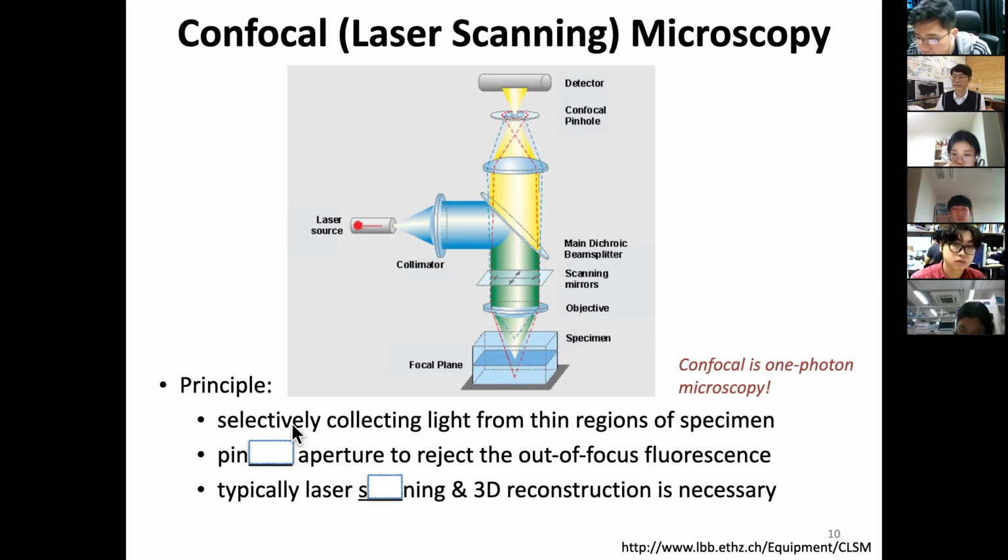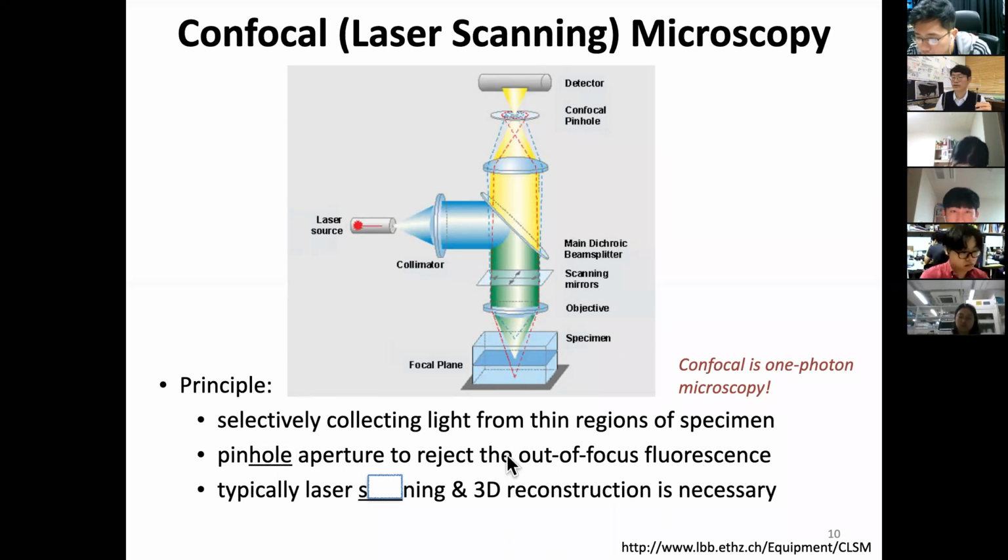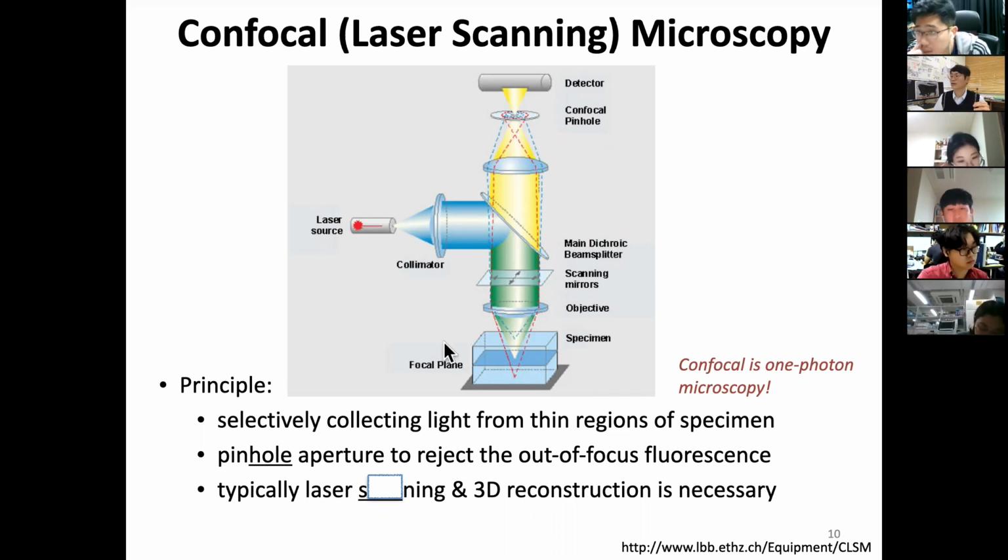We can selectively collect light from very thin regions of the specimen, which is on the focal plane. And we use a pinhole aperture to reject the out-of-focus fluorescence. And for making an image, we typically use laser scanning, and 3D reconstruction is necessary.